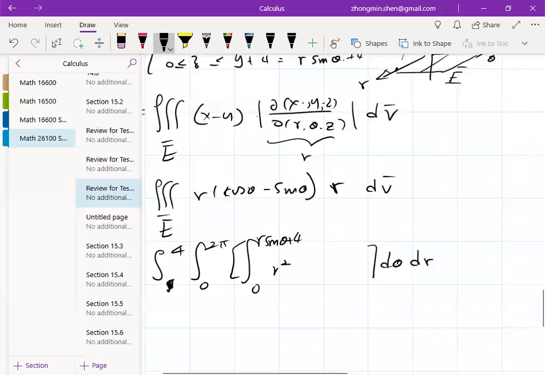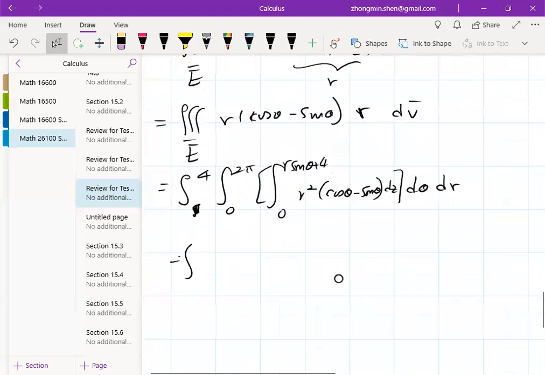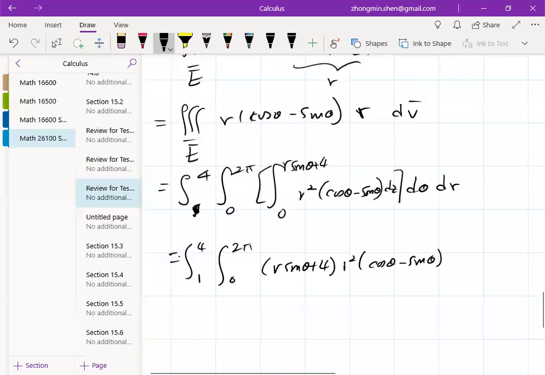The integrand is r squared times cosine theta minus sine theta, dz. Since it's independent of z, you get just a product: r sine theta plus 4, times r squared cosine theta minus sine theta, d theta dr.